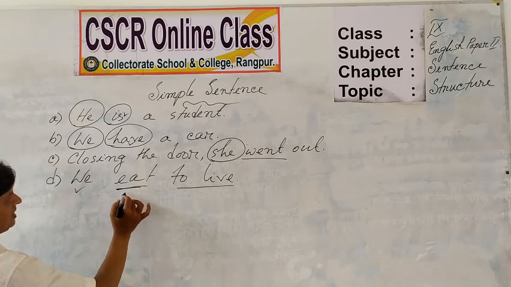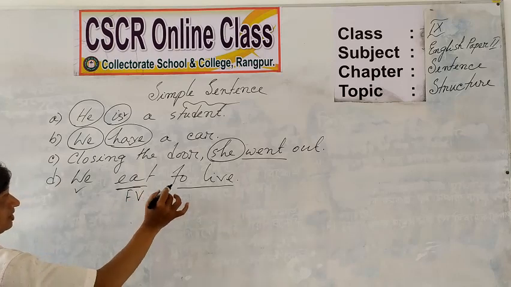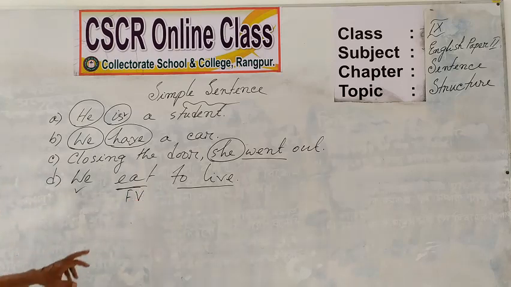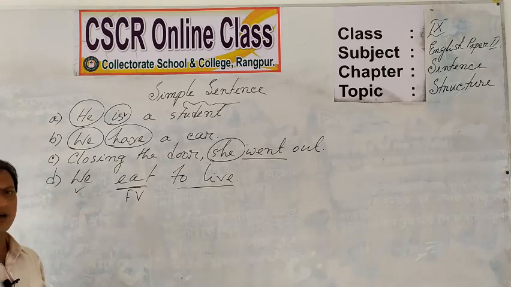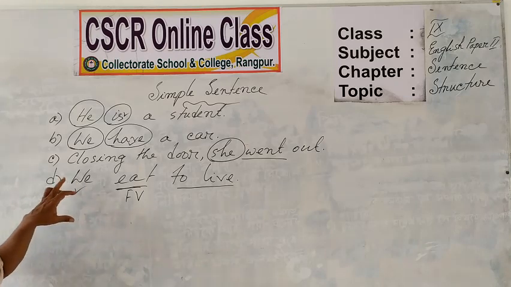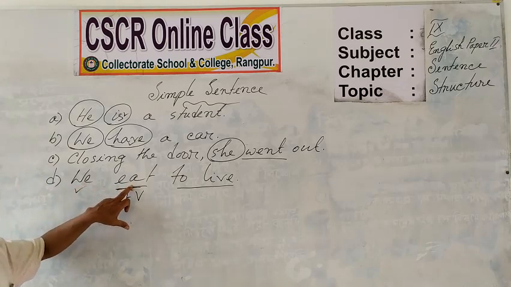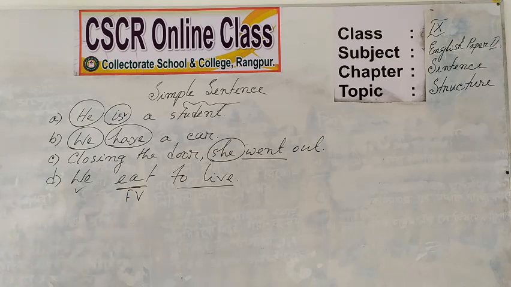That means it is a finite verb. But to live does not follow subject, tense or number. So it is a non-finite verb. Dear students, in this sentence also one subject, we, and only one finite verb, eat. So it is also a simple sentence.